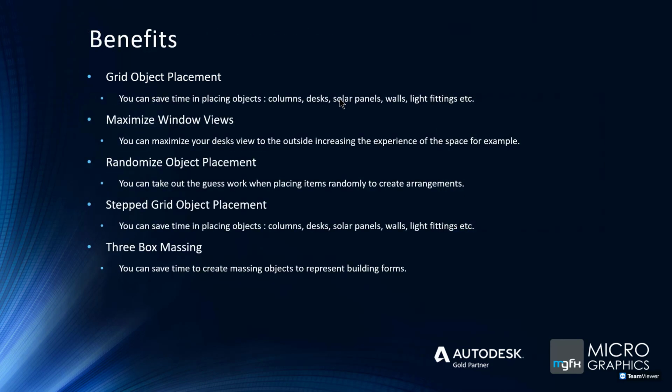Right, so just with the ones that we've now done, we've seen there's kind of a benefit in the placement of objects. So most of those, the benefit is placing objects. But like we saw in the last one, you can generate your massing or models based on certain criteria.